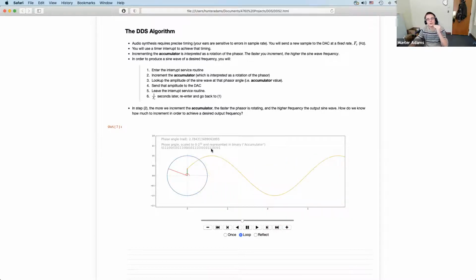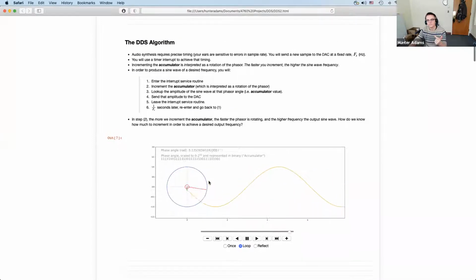If we increase the increment to this accumulator variable, then this phasor rotates more quickly, and the consequence is we get a higher frequency sine wave out. So incrementing the accumulator is interpreted as rotating the phasor.